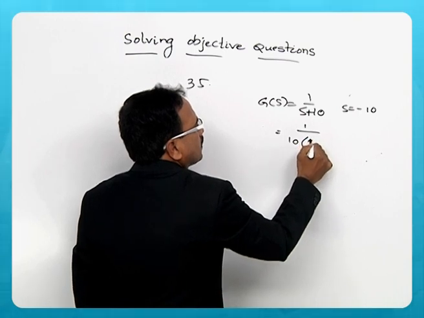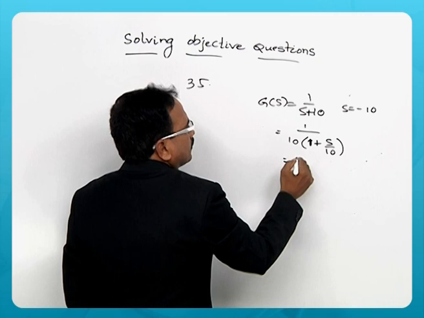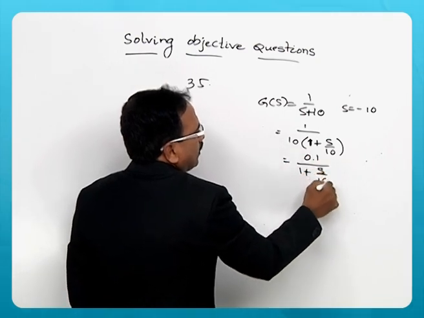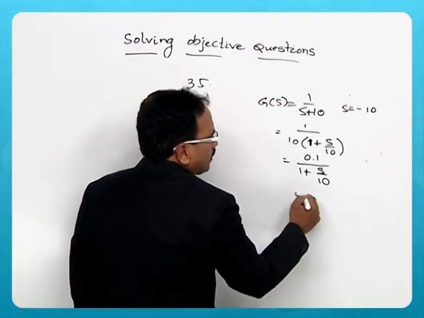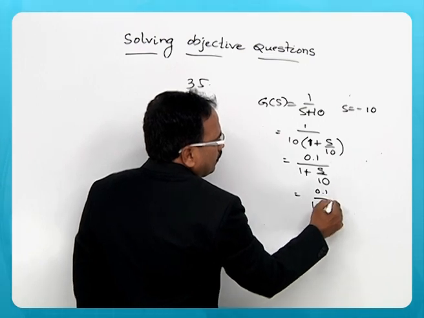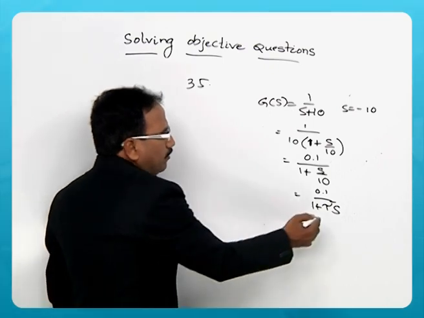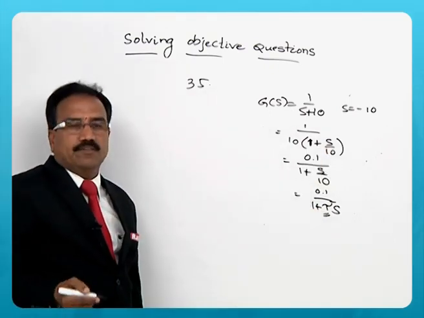So, 1 plus S by 10. So, this is 0.1 by 1 plus S by 10, which means this is now the time constant form 1 plus tau S. So, the time constant of this particular function is 1 by 10.